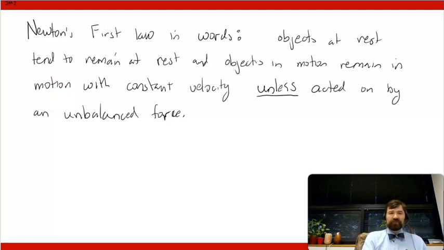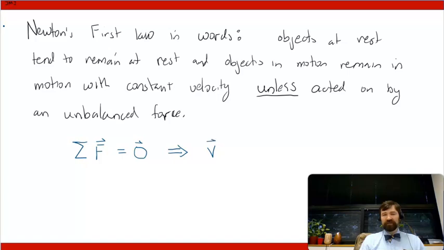In equation form, we usually simplify this to a simple statement that looks something like this. If the sum of forces acting on an object is zero, then it implies that the velocity will remain constant, which, if you'd prefer another way of saying it, is that acceleration is zero. So we could say velocity equals constant.